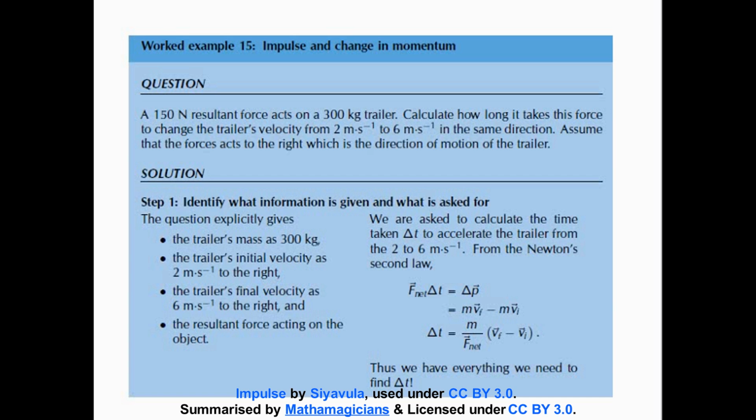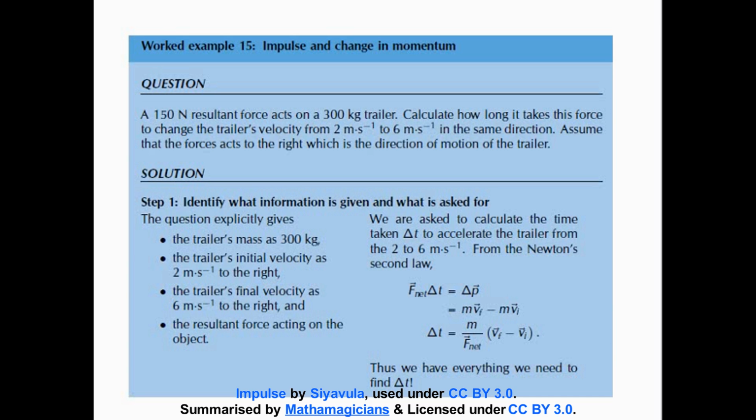We are asked to calculate the time, delta t, taken to accelerate the trailer from 2 meters per second to 6 meters per second.